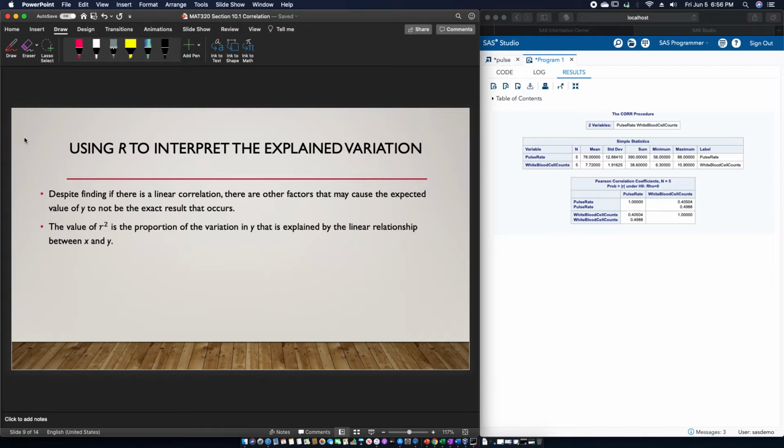This is the proportion of the variation in y that is explained by the linear relationship between x and y. The value of r squared has a name as the coefficient of determination.